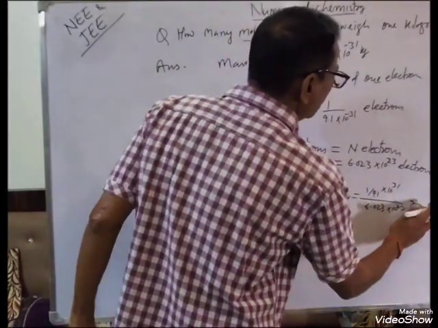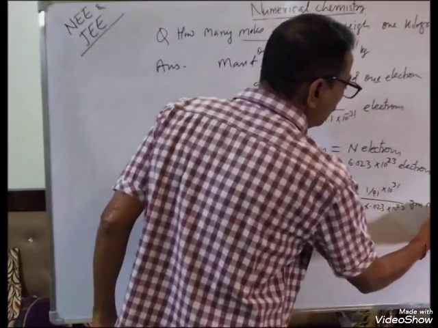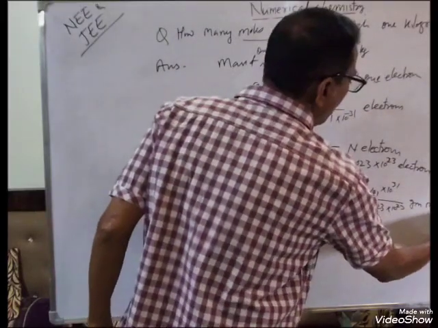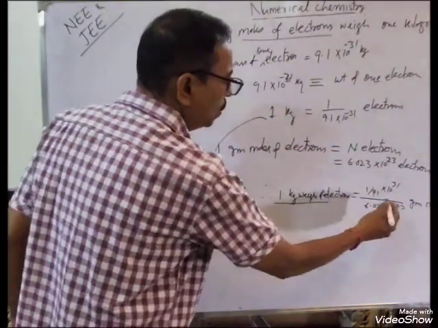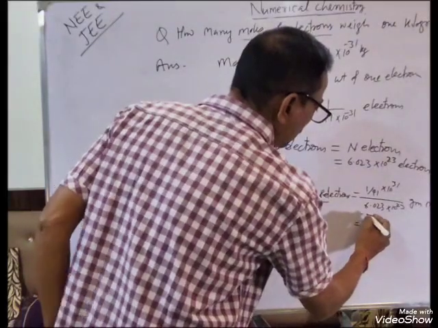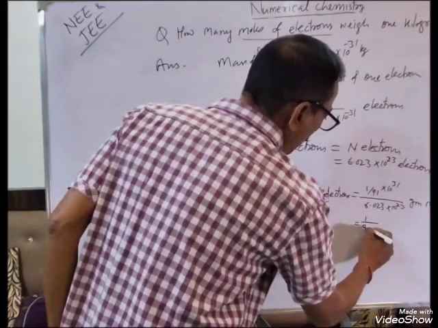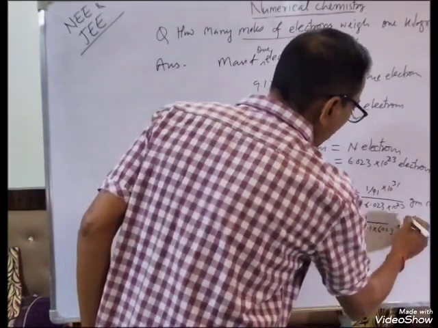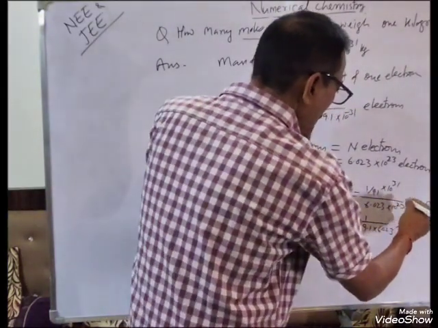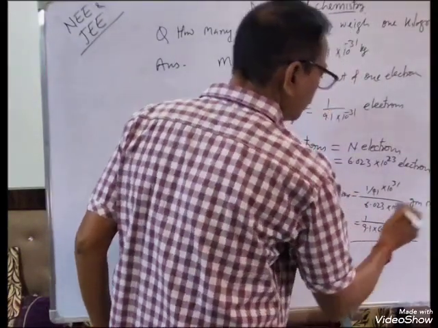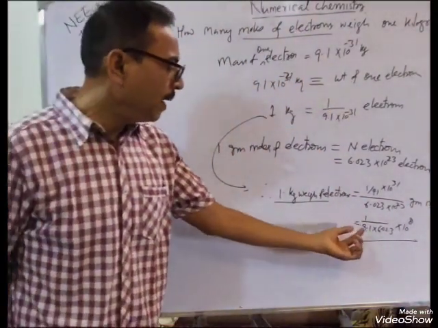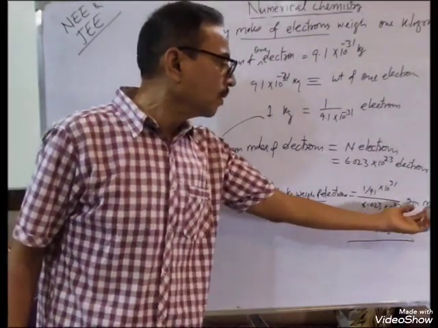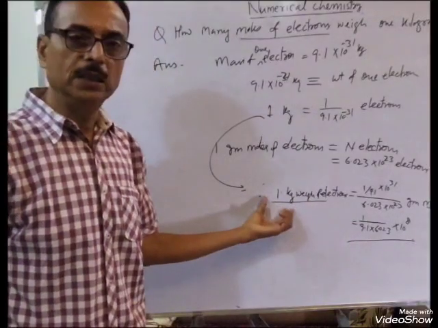Moles of electron or gram mole or mole, both are the same thing. It is asked how many moles of electron are in 1 kg weight. So simplify: 1 by 9.1 into 6.023 into 10 to the power plus 8. So 1 divided by 9.1 into 6.023, such a number of moles of electrons weigh 1 kg.